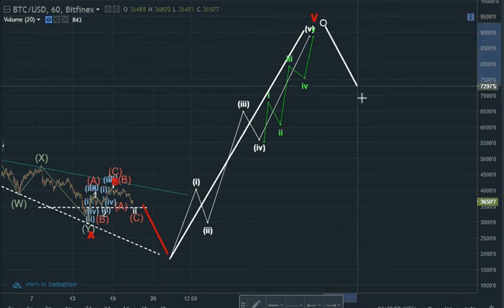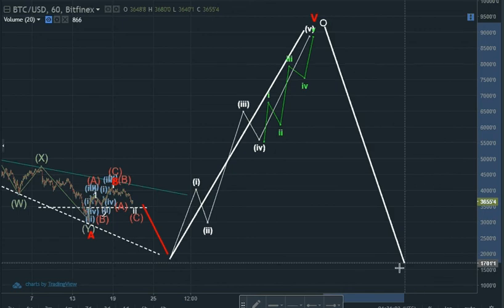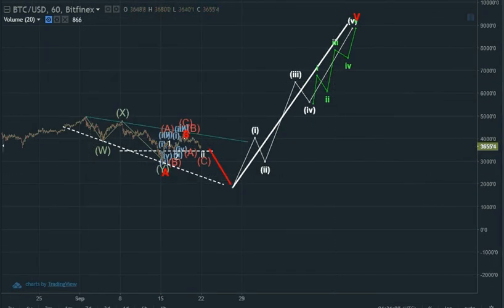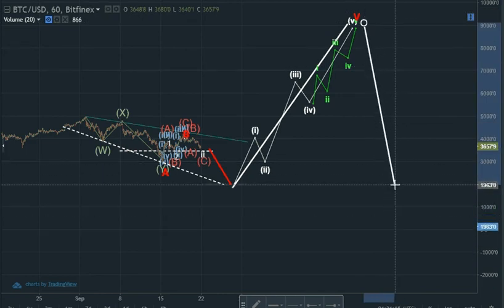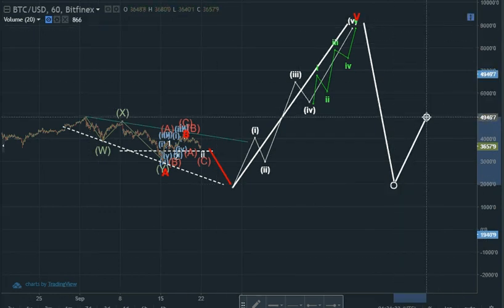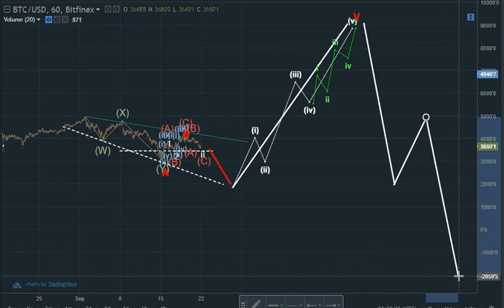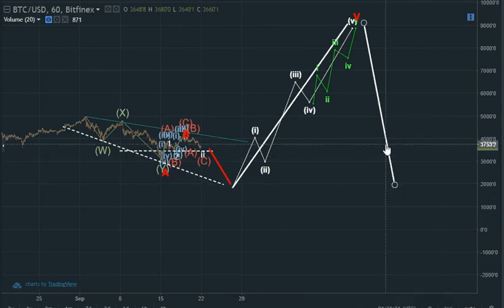We will see a massive, huge crash of an ABC nature. No, that's not the right degree, sorry. Wrong degree.